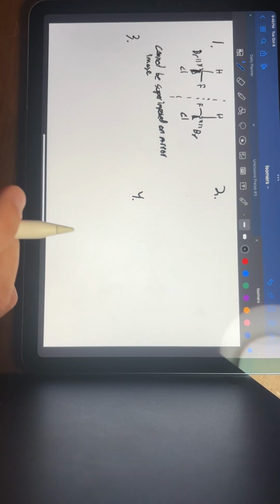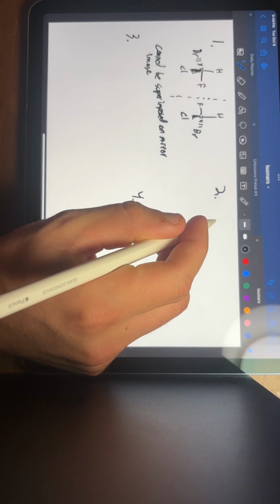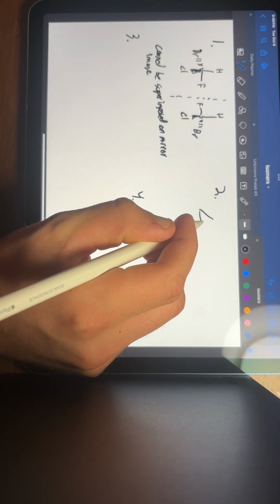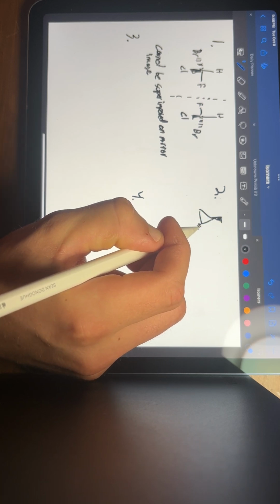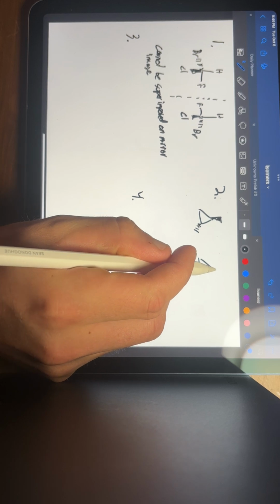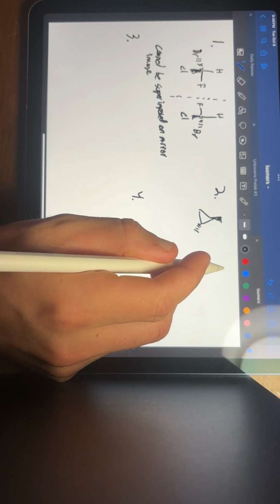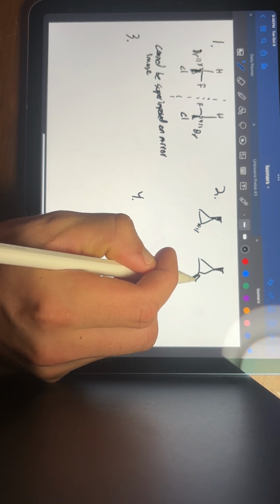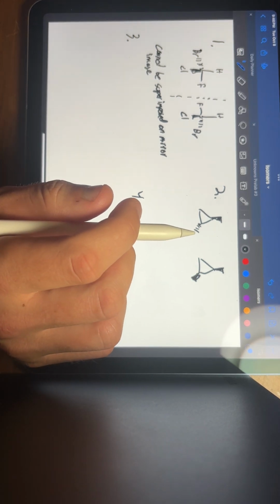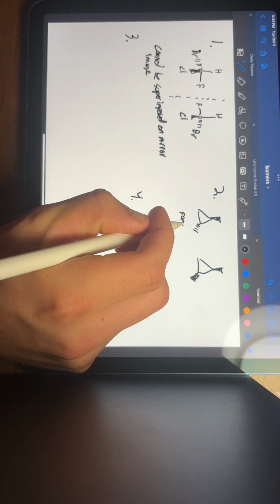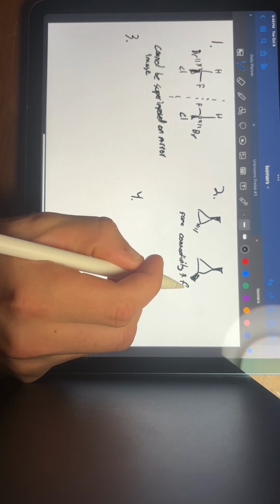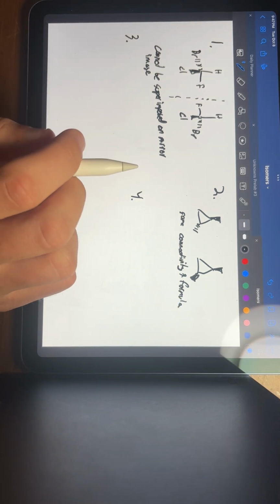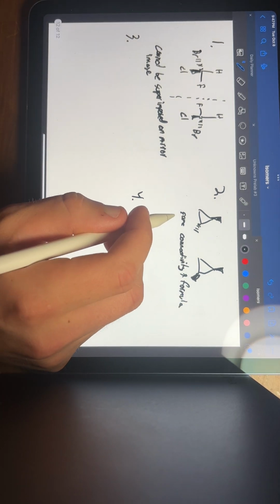Task 2, draw a pair of compounds that are diastereomers. Get an example here. So diastereomers have the same connectivity and formula, but they're different in 3D space.